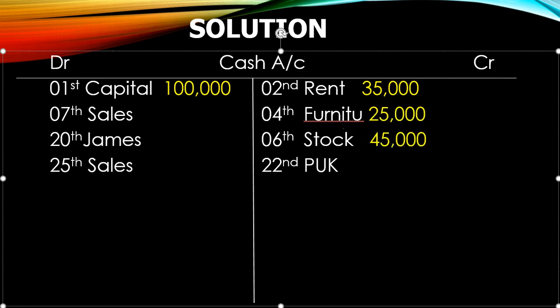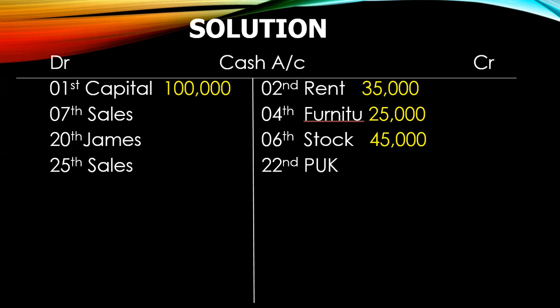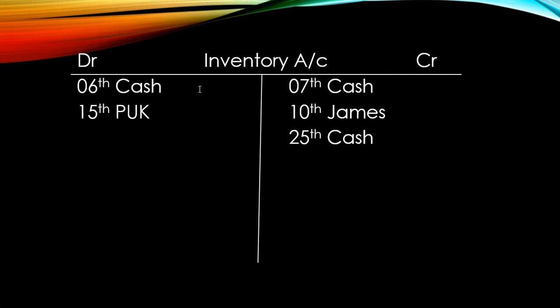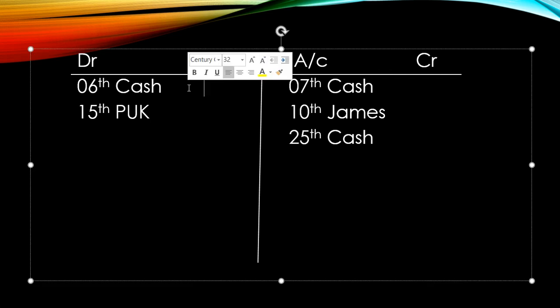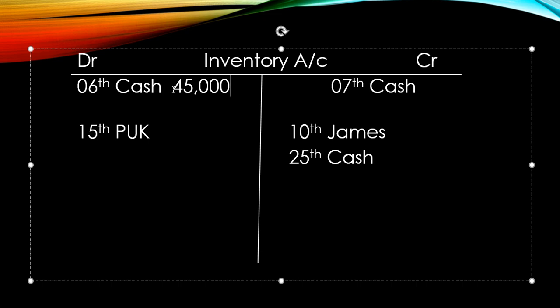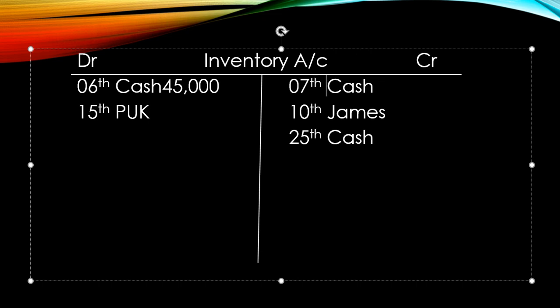But now we need to have the account for inventory and debit it with the cash on the 6th, which is 45,000. Let me paint it yellow such that we can get it right.